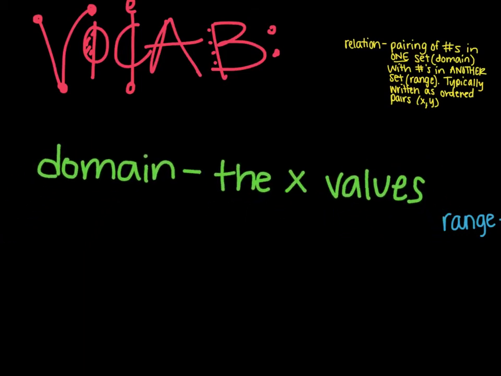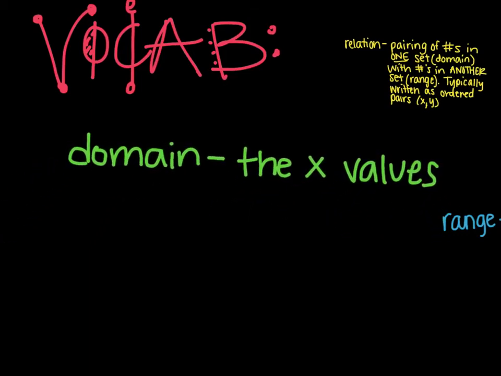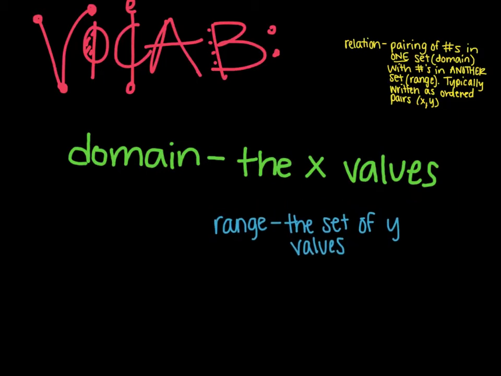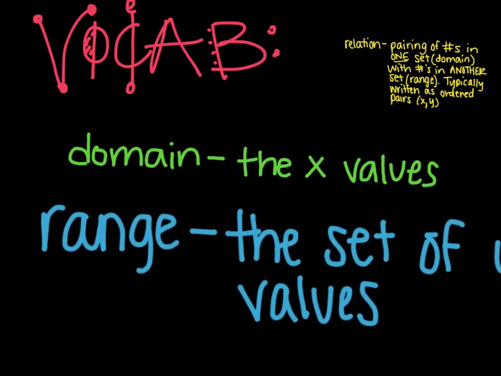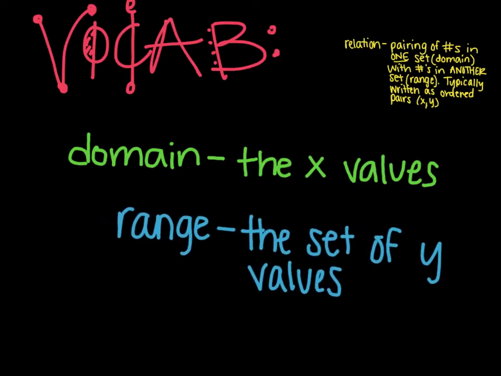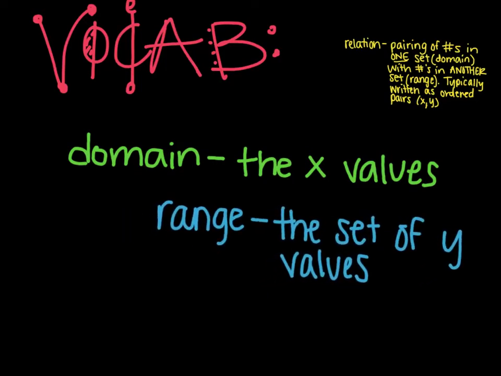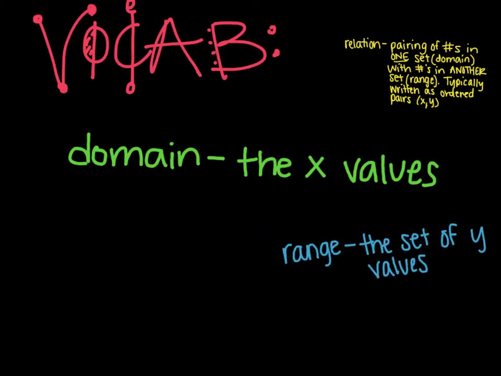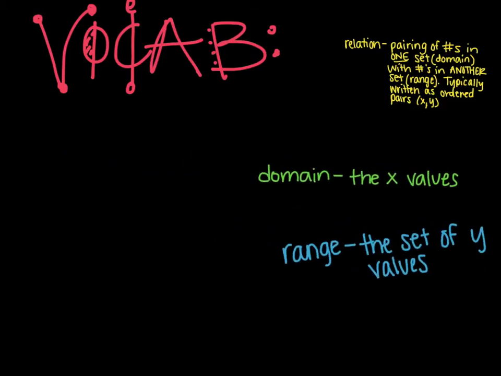Domain is the x values in a table, or the x coordinate. Range then is the set of y values. So in a table, it would be the y column. On a graph, it's the y, all that good stuff. Y is range, domain is x.